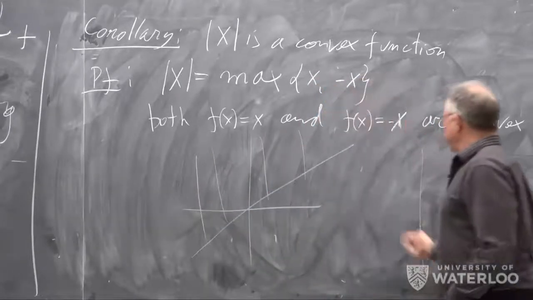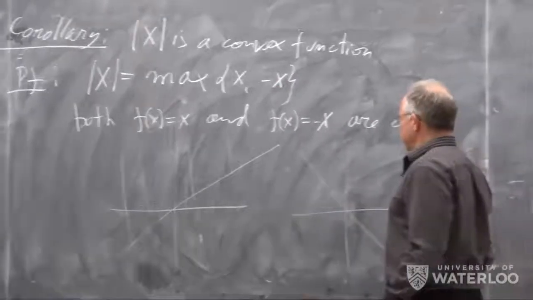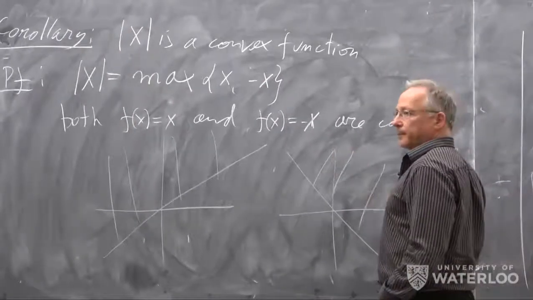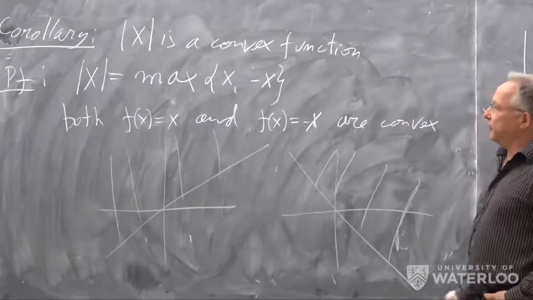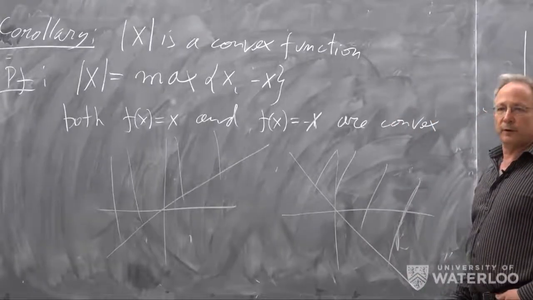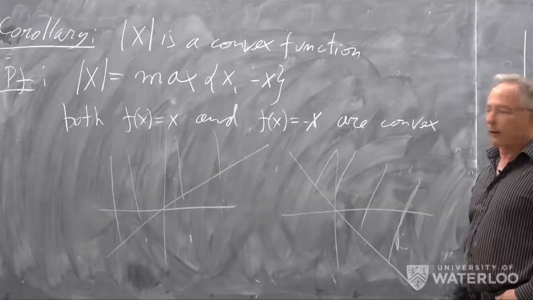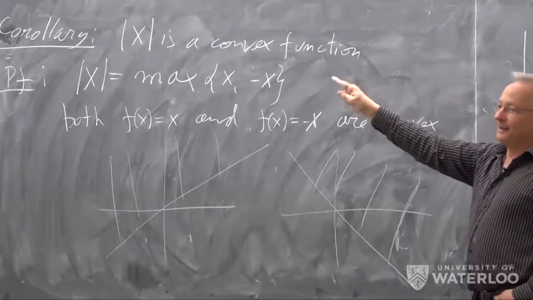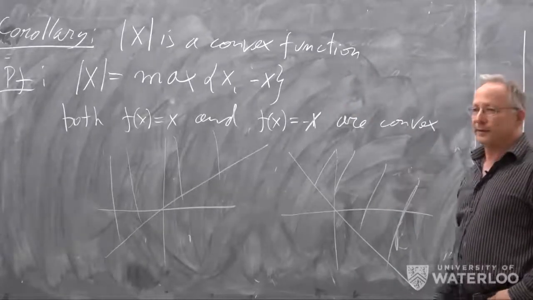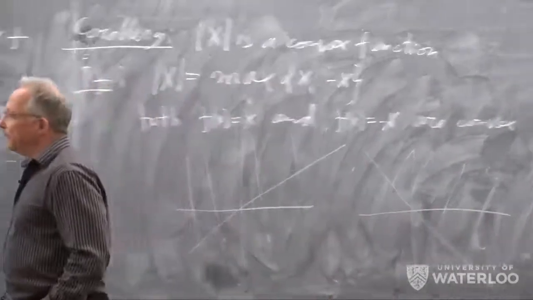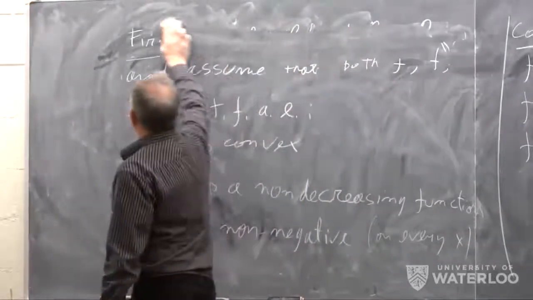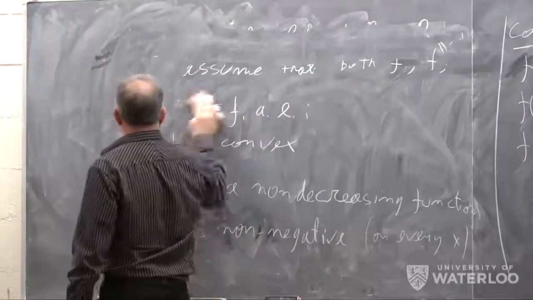The epigraph of f of x equals minus x is this set. And the intersection of both of them is exactly the epigraph of the, not convex hull, the absolute value of x. So absolute value is a convex function. Right? We need to increase our collection of convex functions. So I will add two more examples of convex functions.